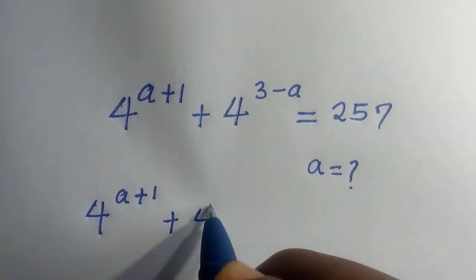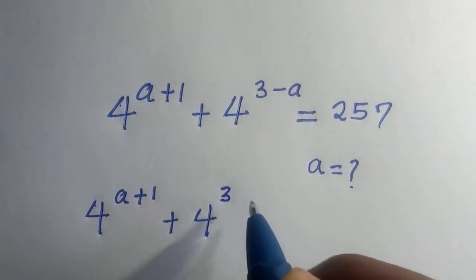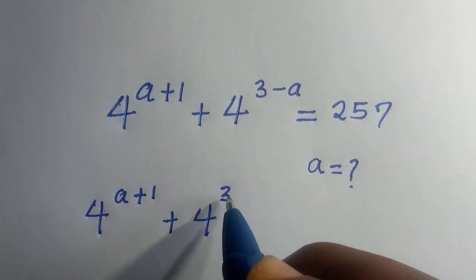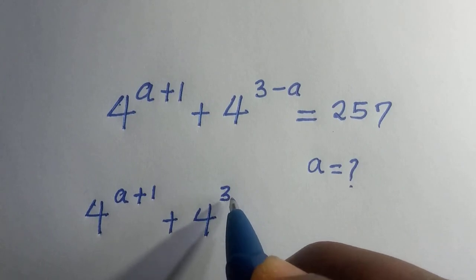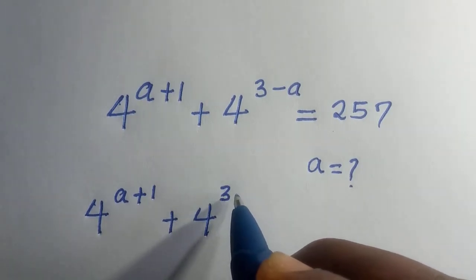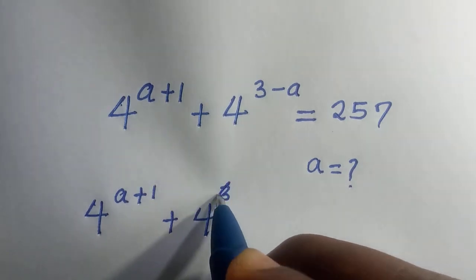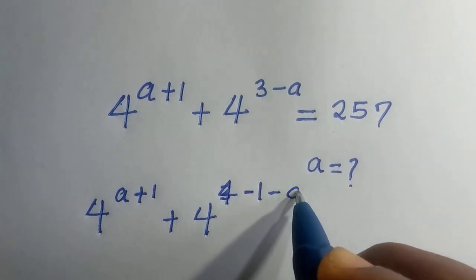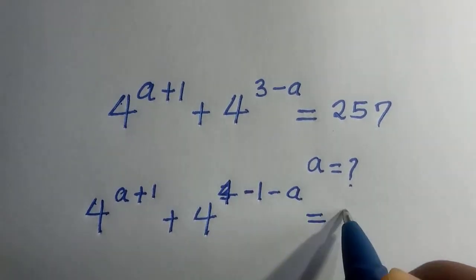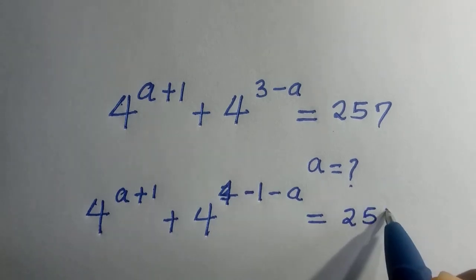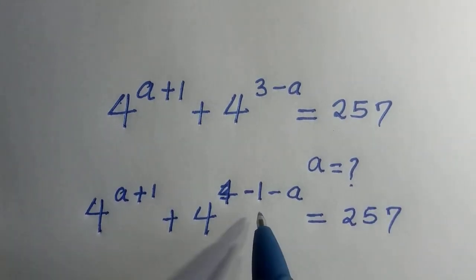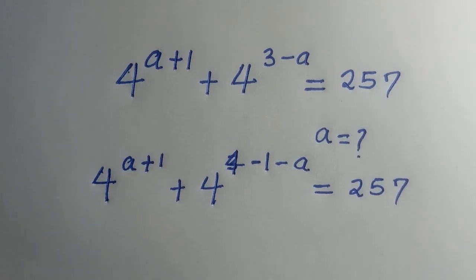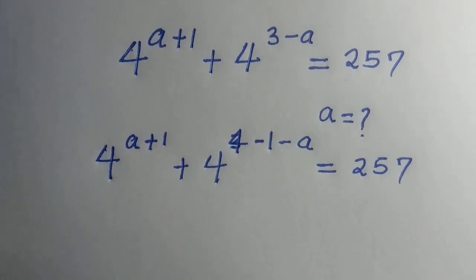plus 4 to the power of, if I break this into, let's say I have this as 3, but I don't want to use 3, or let's say I use 4 minus 1 minus a equals 257. 4 minus 1 is still giving us 3.